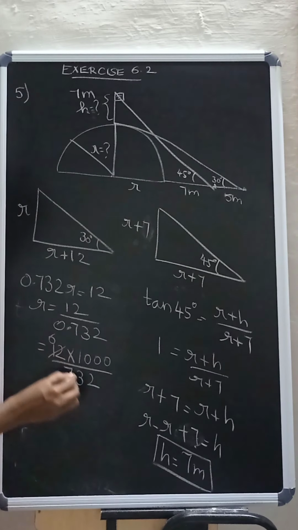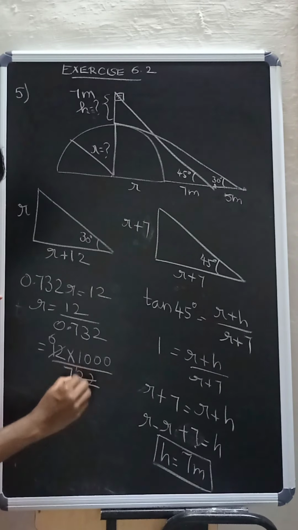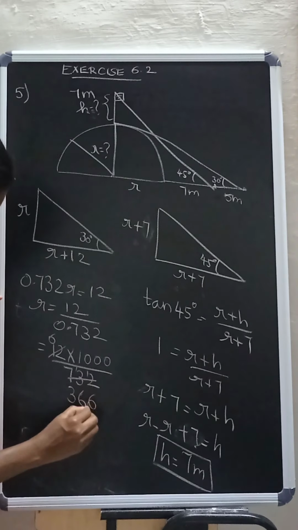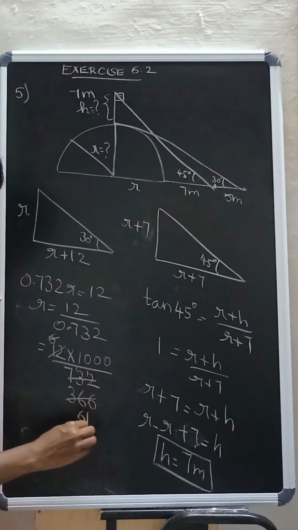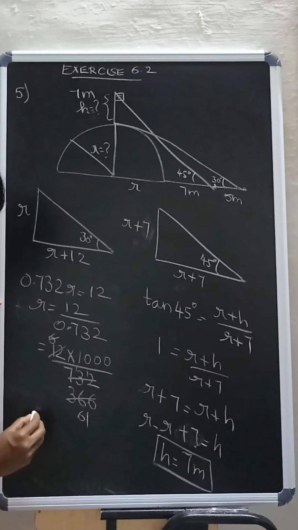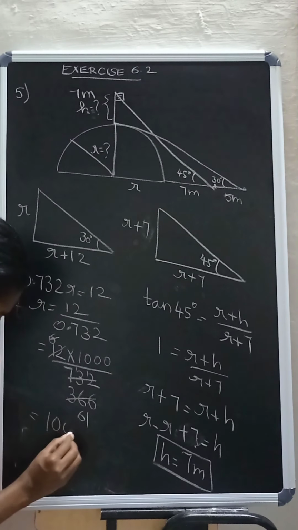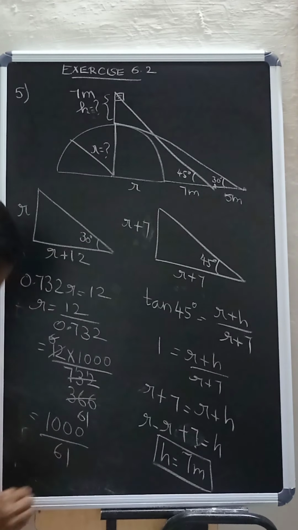So 2 6 are 12. 3 6 are 18, 2 6 are 12. 6 6 are 36. So 1000 divided by 61.